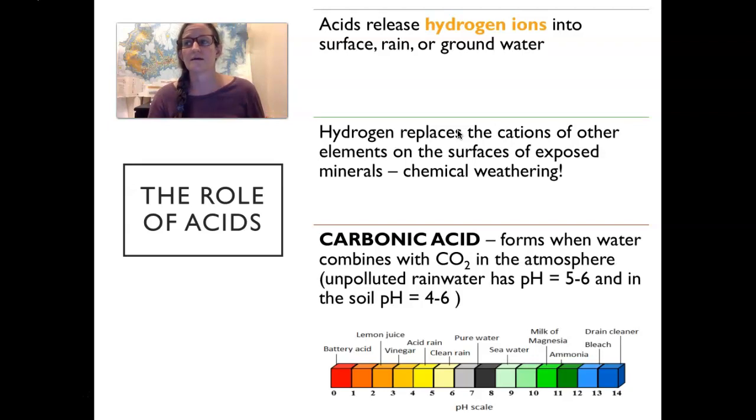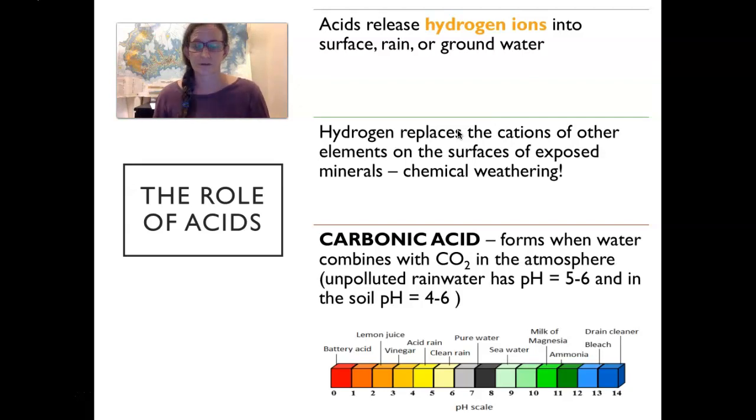The main acid in these reactions is carbonic acid. Carbonic acid forms naturally in the atmosphere because there's carbon dioxide in the atmosphere, and the rain comes through that atmosphere, picking up the carbon dioxide and taking water plus carbon dioxide and making carbonic acid.